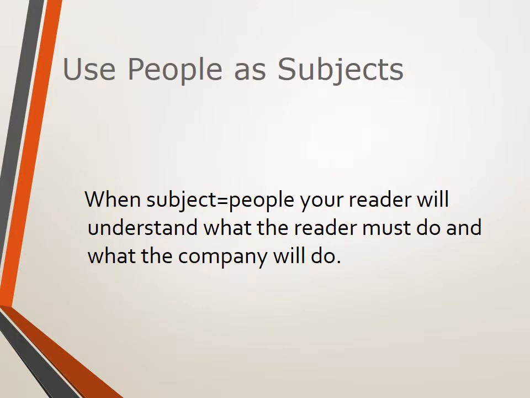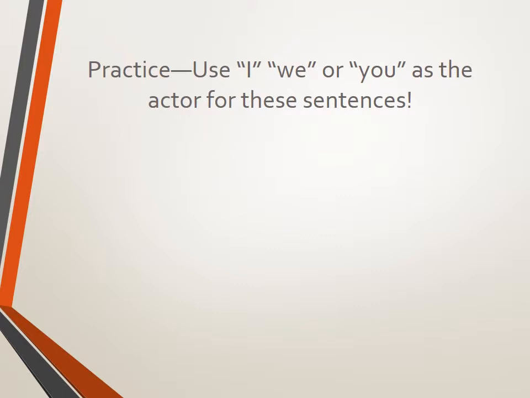Okay, so also it's important to use people as subjects, as you've seen. When the subject is people, your reader will understand what the reader must do and what the company must do. Remember, in the work world, we always are addressing different people and their duties. So let's just use I, we, or you as actors for these sentences.